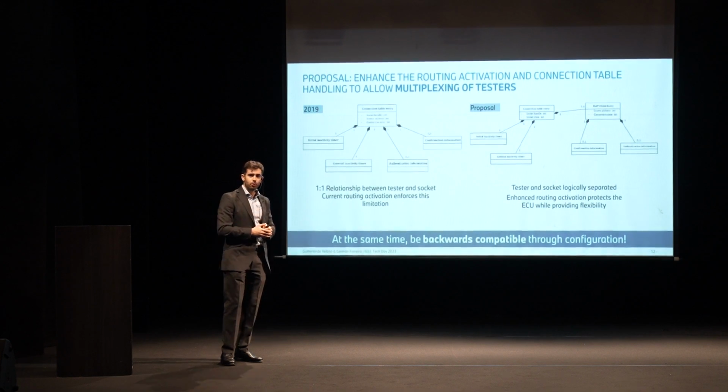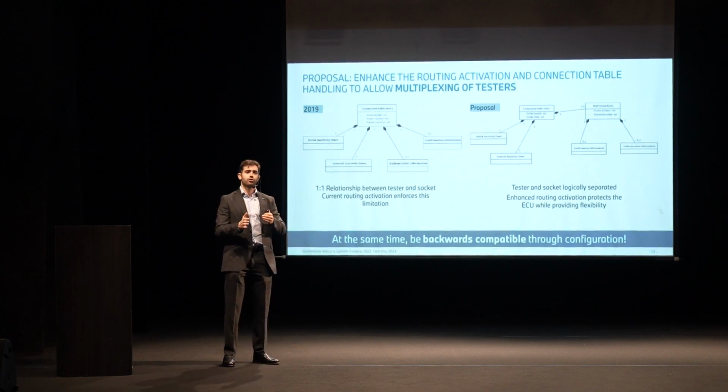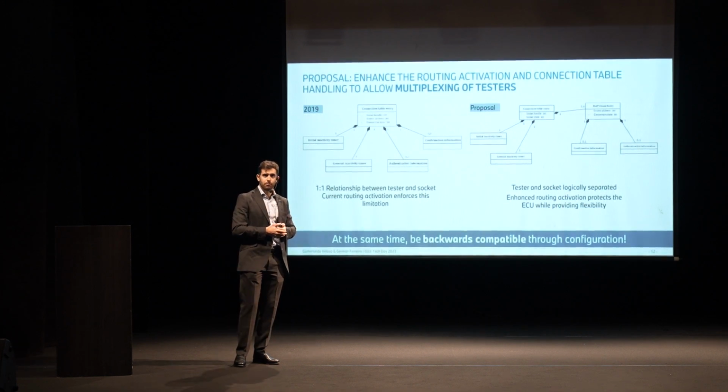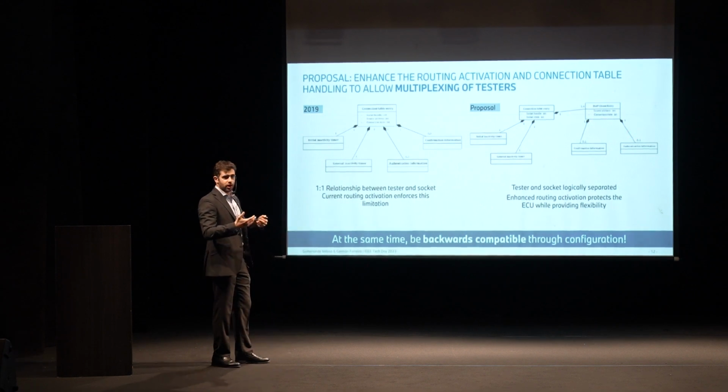So what we designed at BMW was, okay, let's take the properties related to the tester and move them to a separate modeling object, which we called the DoIP client entry. Now this object doesn't have the constraint of a one-to-one relationship, but we can decide to have one-to-n. So we can have a custom multiplicity. In this new object, we will have the source address of the tester that we have seen in the previous modeling.